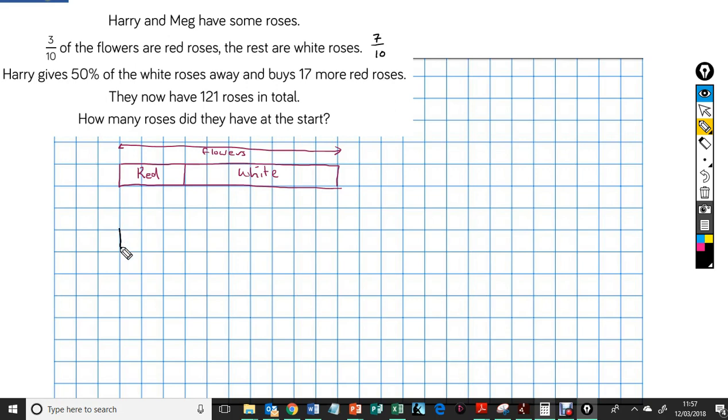So I'm now going to draw one bar to represent my red roses, and these are 3/10. I know that these are 3 equal size portions. Okay, and then white roses, we've got 7/10. So 3, 4, 5, 6, 7.